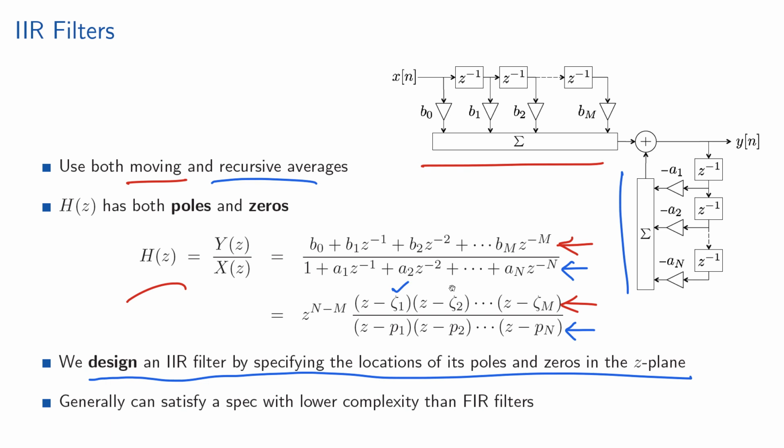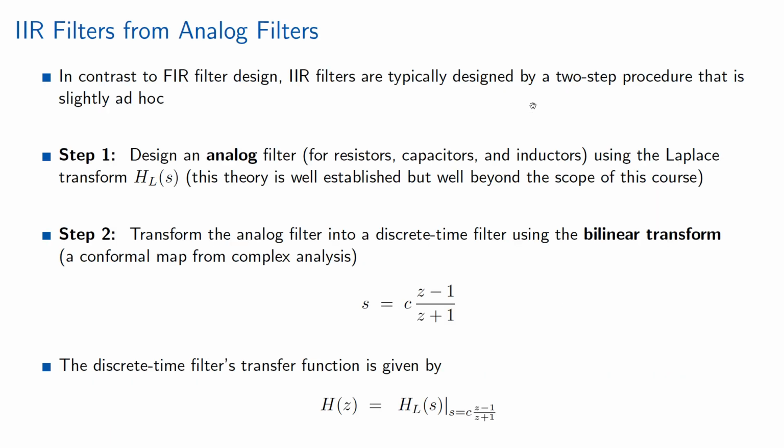Basically specifying these zero values, specifying these pole values, because once we know the zeros and poles, we know the transfer function, we know the A's and B's that define the implementation and therefore the impulse response, and we've really characterized the filter. And so the game here is going to be about placement of poles and zeros.